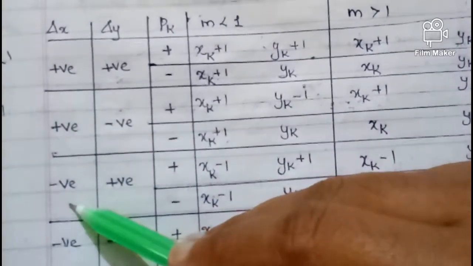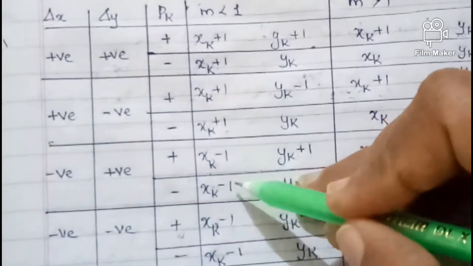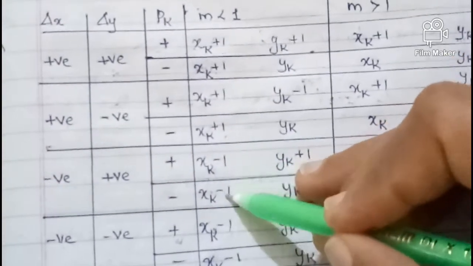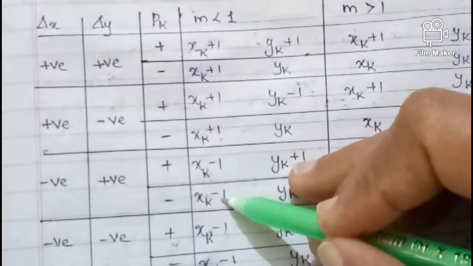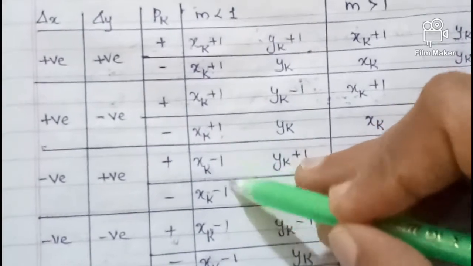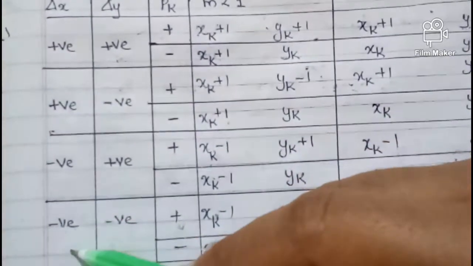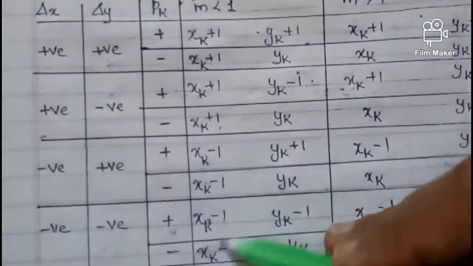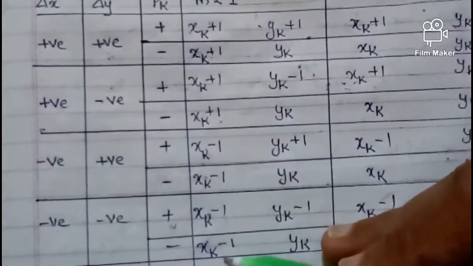Here x is negative, delta x is negative, which means in both these cases the next value of x will be the previous value of x minus 1. Here delta x is negative, so the next value of x will be the previous value of x minus 1.